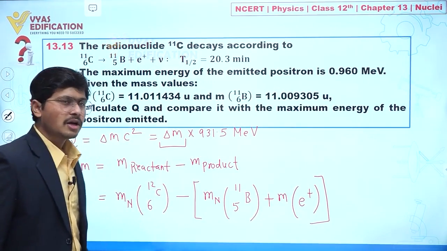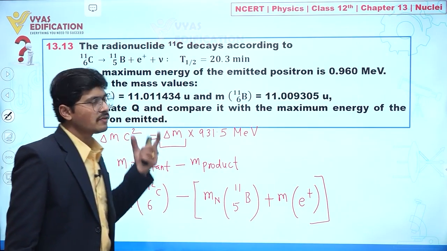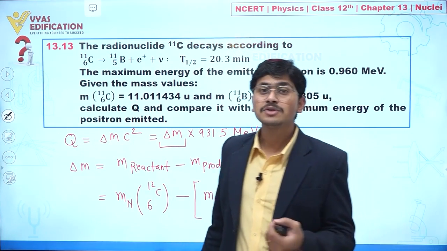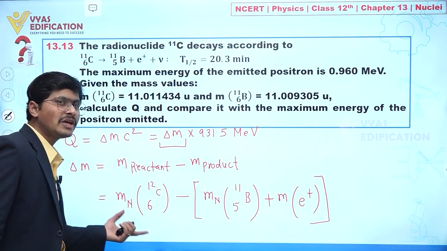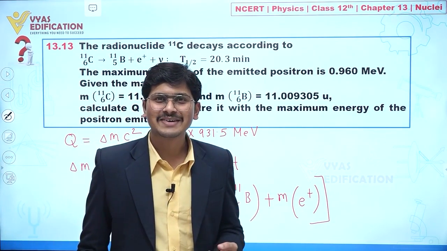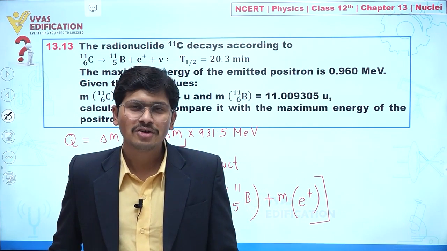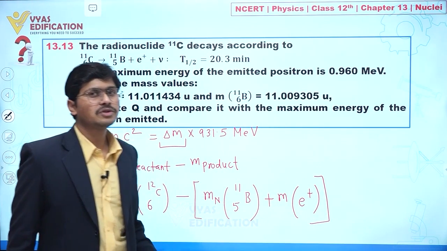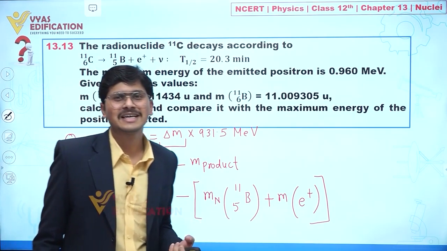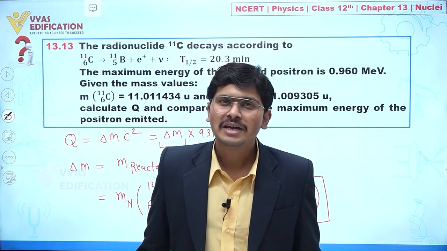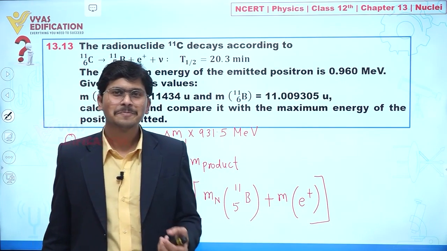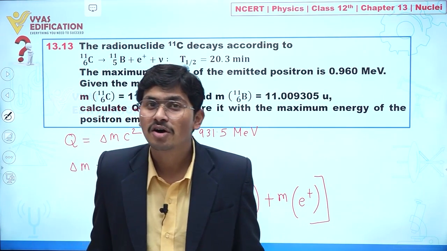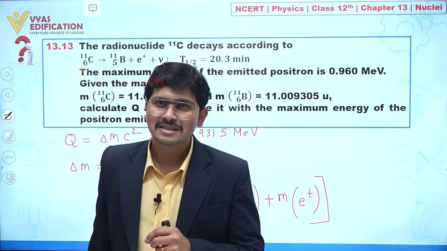Now keep in mind all the values that are given to you are in terms of atomic mass unit, clear. So atomic mass unit means we have to subtract the mass of an electron. Now you can ask, sir, why are you doing all this? Because in every question the mass of an electron cancels out. But my dear student, whenever you find an electron that is emitted or an electron capture, definitely you will find some mass of an electron comes into play, clear.